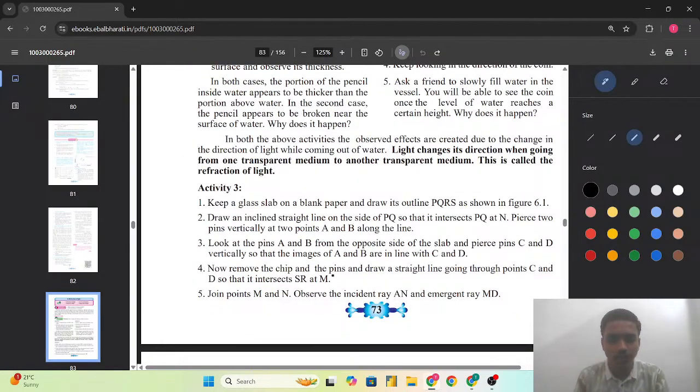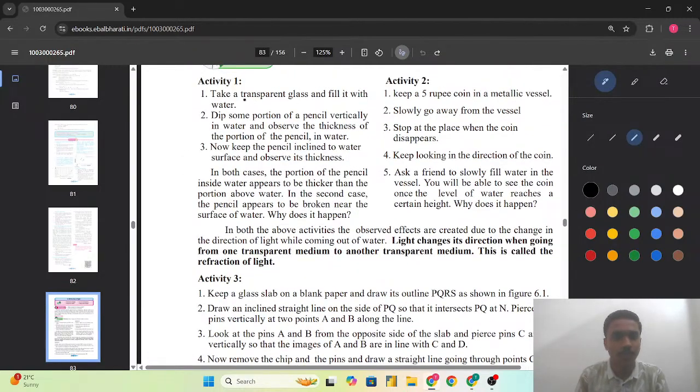So एक्टिविटी वन में हमने क्या किया था? हमने एक ट्रांसपेरेंट ग्लास फिल्ड विद द वाटर लिया था। मतलब एक ग्लास लिया और यहाँ पर इस ग्लास में वाटर था, बराबर?